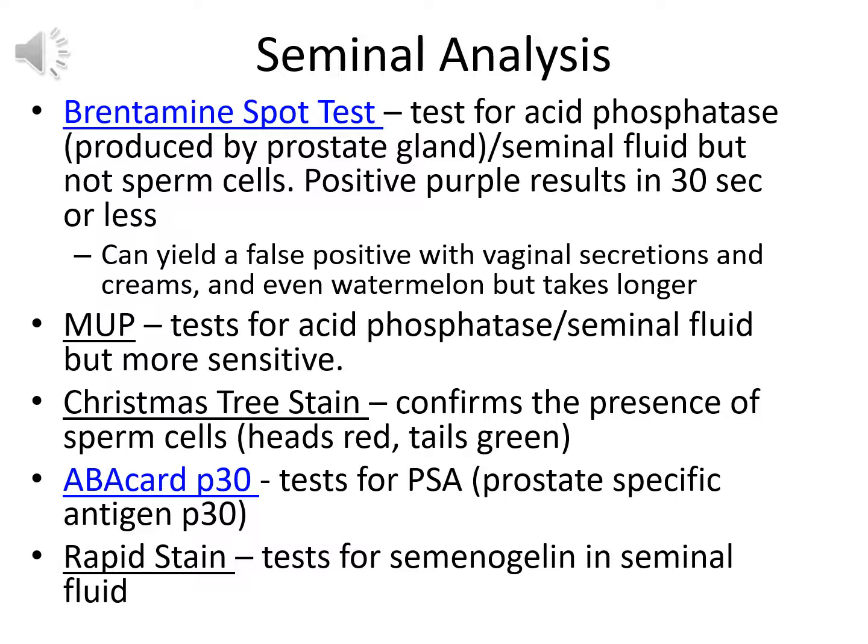So this may not be appropriate just because you get a negative result here. Likely you would want to follow up with something like ABAcard p30, the prostate-specific antigen test. This should be a positive result for semen, whether or not sperm are present.